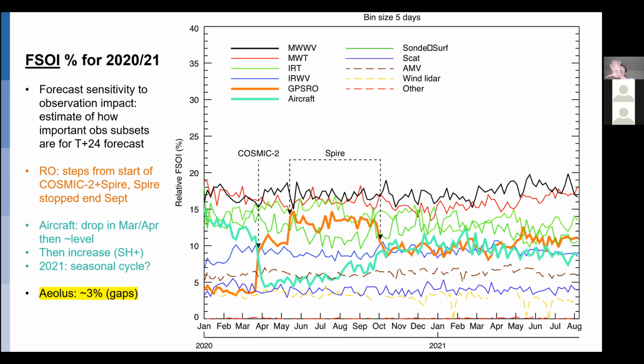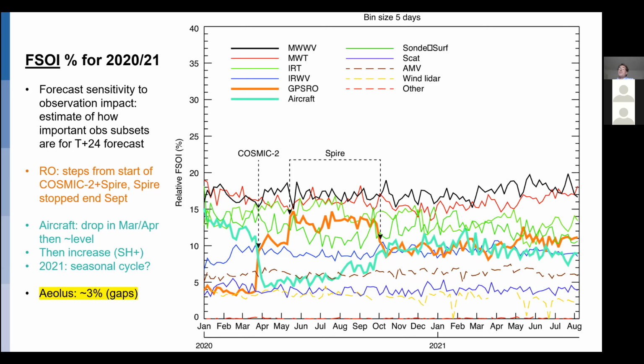It's a busy plot, but I'll highlight the thick orangey line, which is the RO impact. By this particular measure, that at the start of 2020 was about 4%, and then it increased to around 10% when COSMIC-2 data was available in our system.